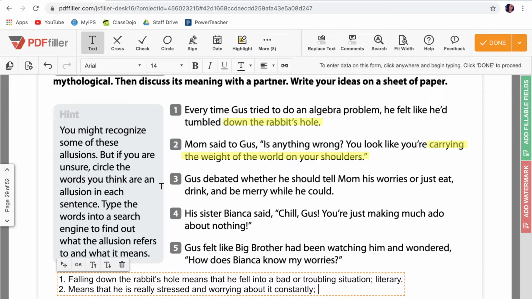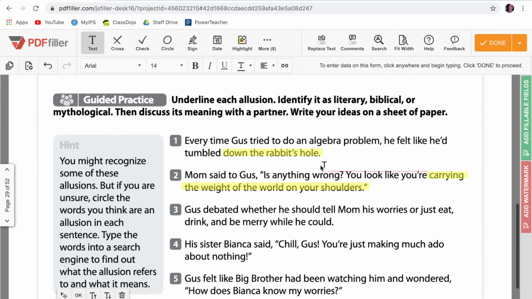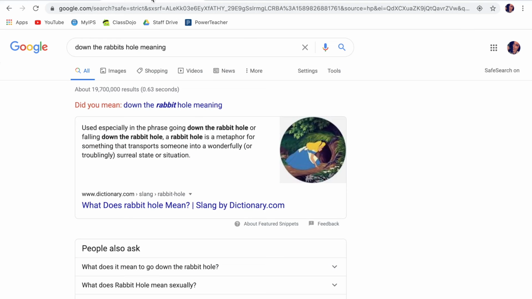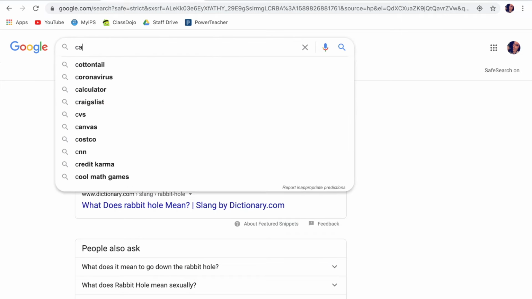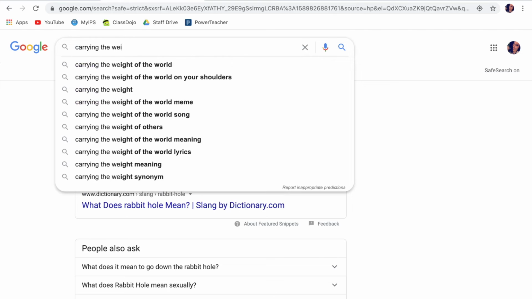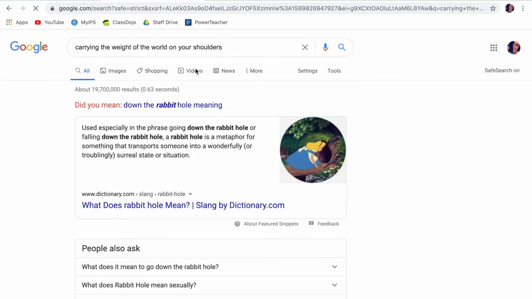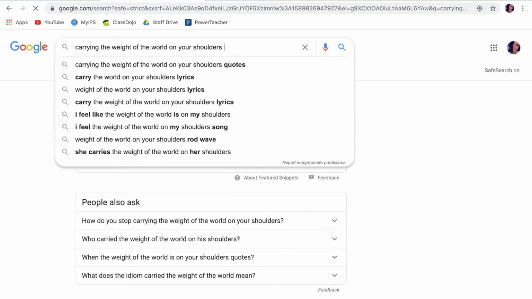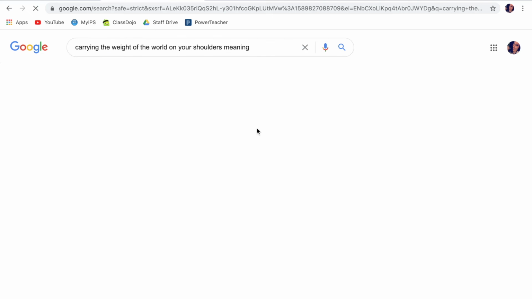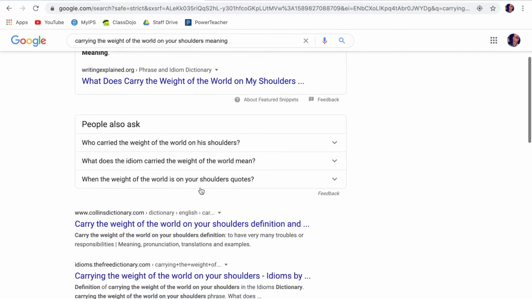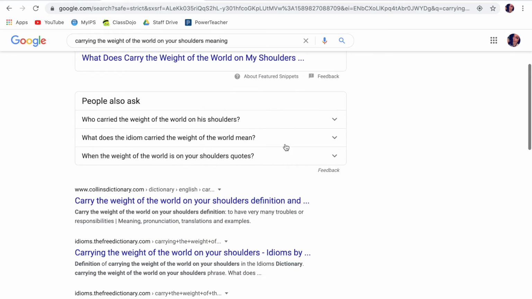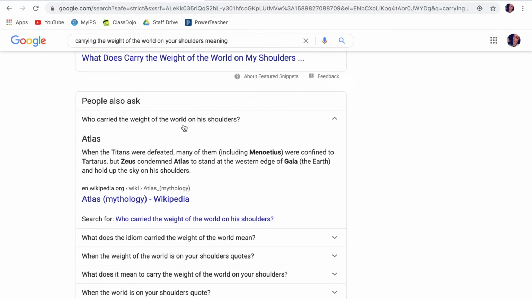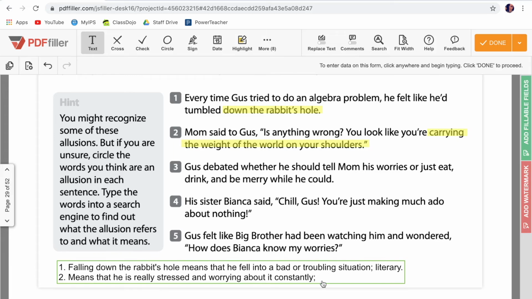Now, we don't know whether this comes from literary, biblical, or mythological, so let's look up carrying the weight of the world on your shoulders, meaning. So if you look at who carried the weight of the world on his shoulders, we can click on that. It immediately says Atlas and then mythology. So we know that this comes from mythology.